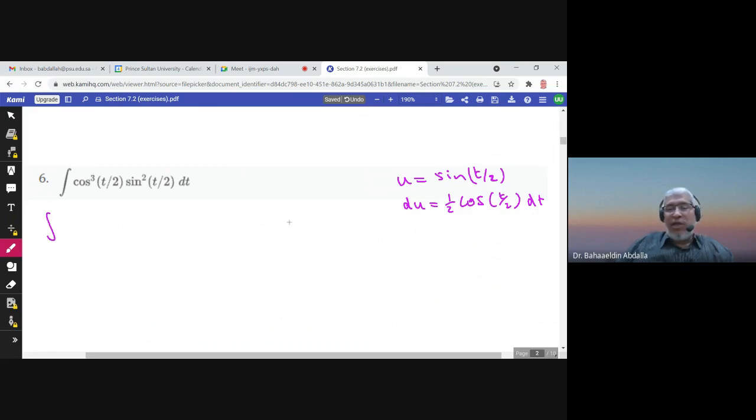So this is my du, and I need to rewrite this integral. I need half cosine t over 2 dt here. This means I took one of these cosines, so I have left with cosine square, and also I have sine square.